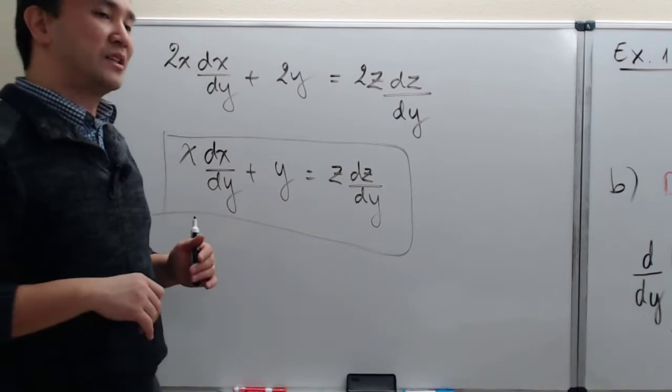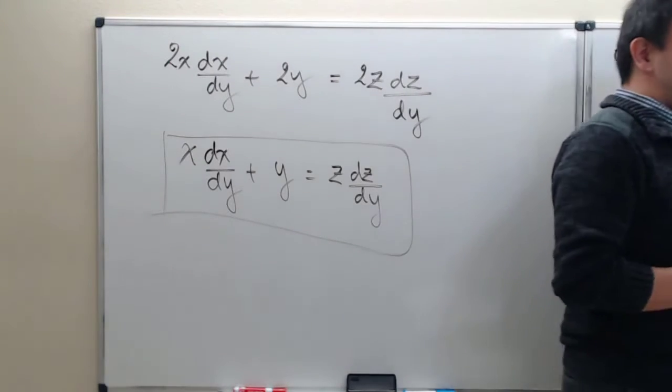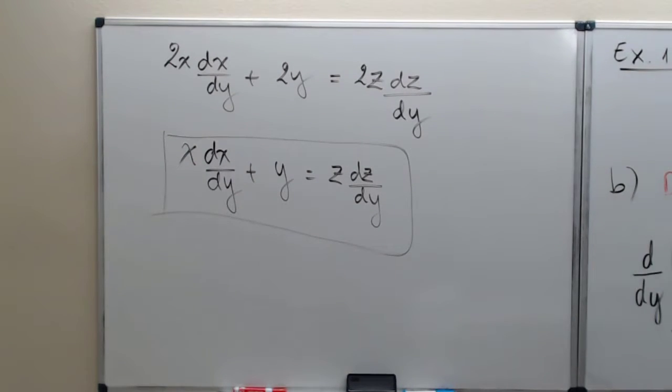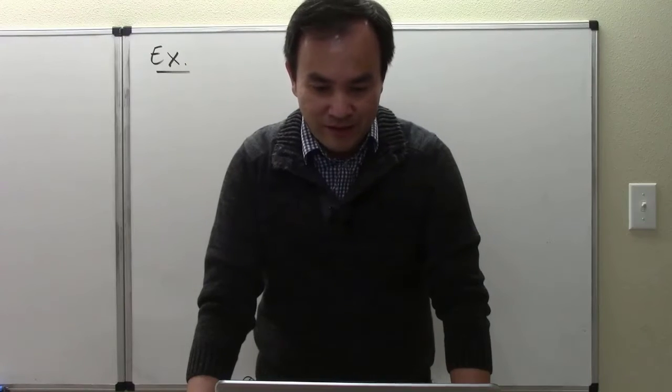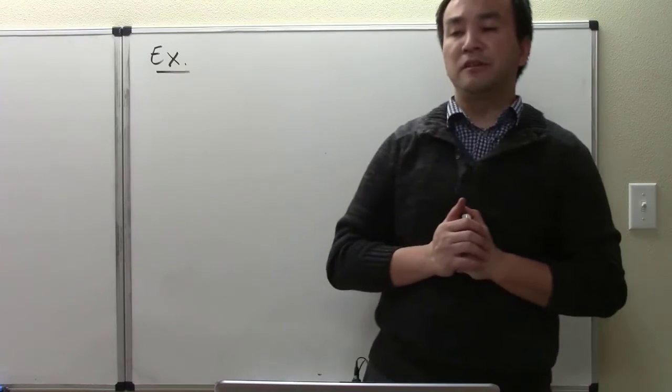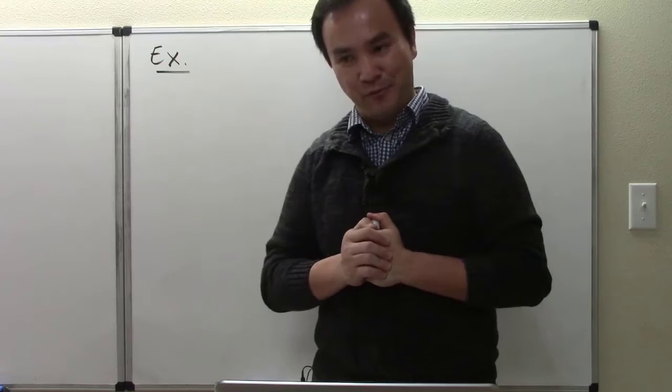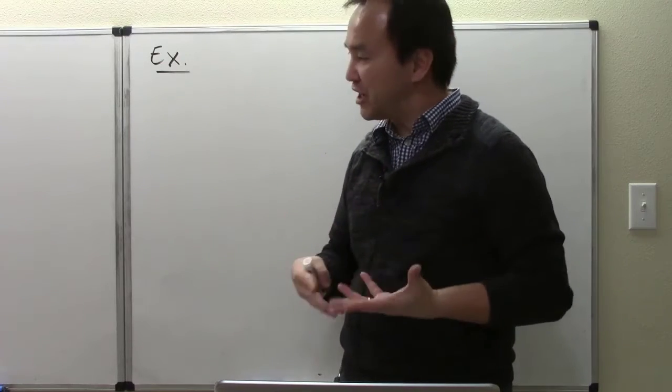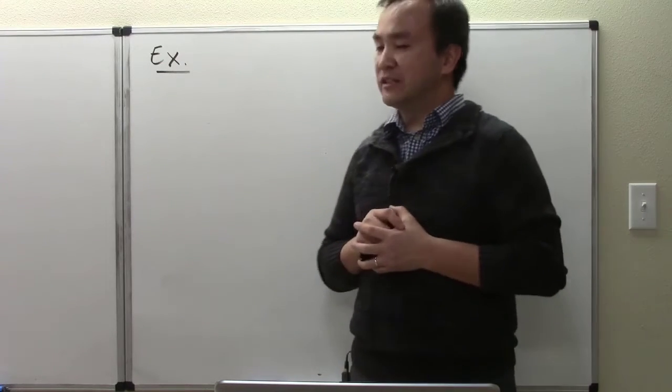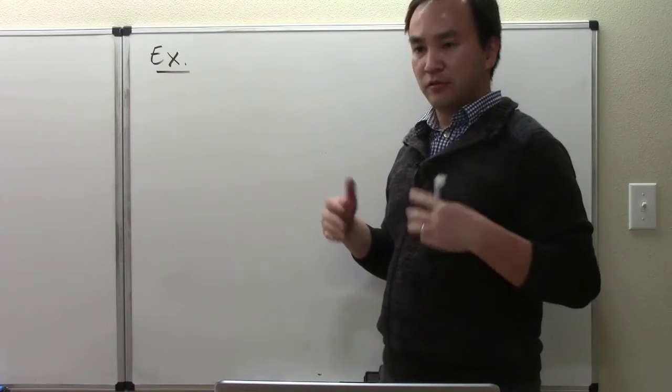That's the whole point of finding related rates. All right, and now I am going to give the next example where we're going to have more opportunities to practice our skills in finding related rates.